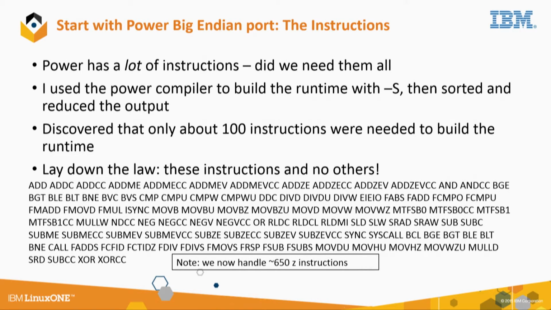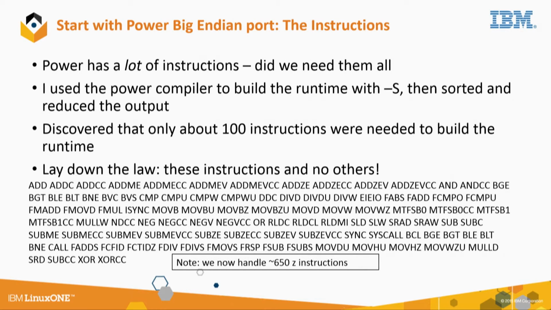So when we started with the Power instruction set, we were overwhelmed with the number of instructions. Now it seems tiny. There were only about 300, and now we've got over 600 in our port. But back then, it just seemed overwhelming. So I compiled the Go runtime with -S and generated the assembly for the entire runtime in Power.